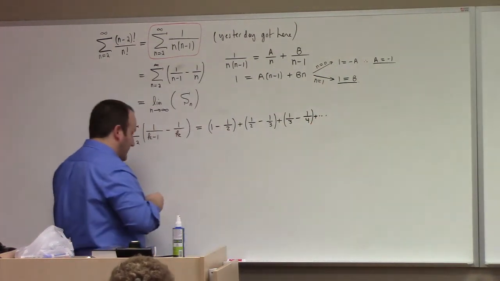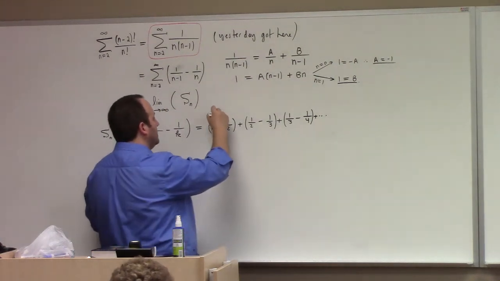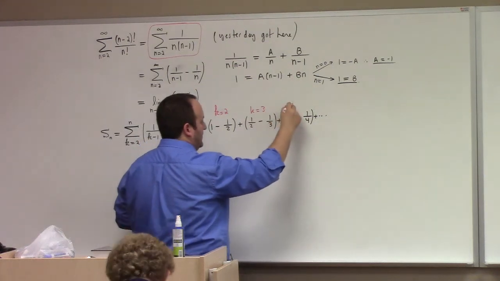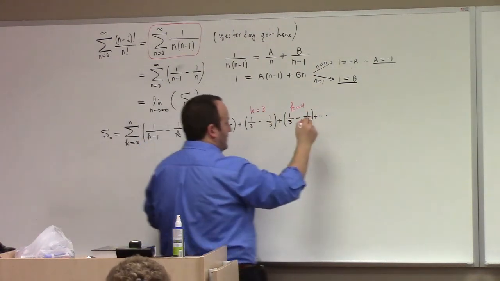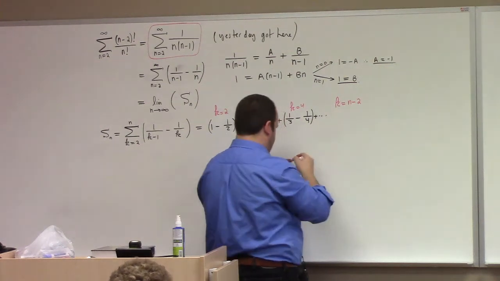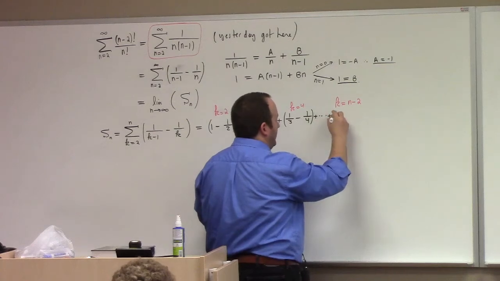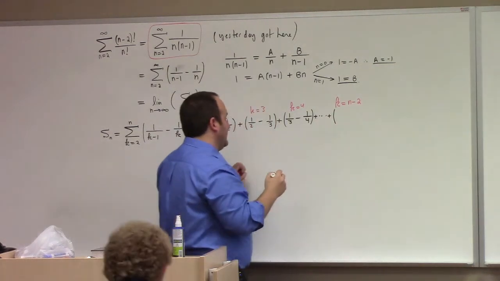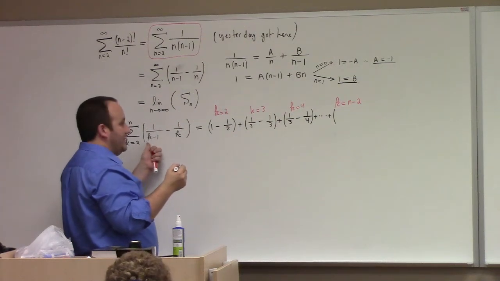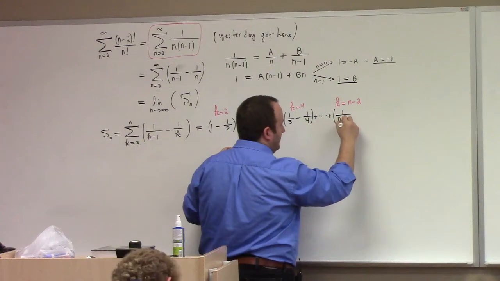Let's try to write the last 3 terms just to be safe. Here's k equals 2, here's k equals 3, here's k equals 4. I'm going to try to write down k equals n minus 2, just to be real thorough here. Probably don't need to go quite back that far, from this pattern, but it's not a bad idea. So k equals n minus 2 means k minus 1 is what? n minus 3, right?